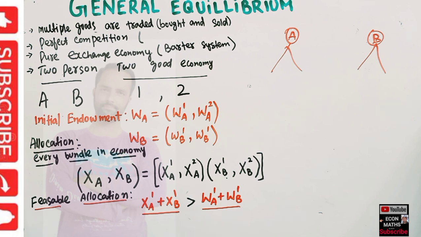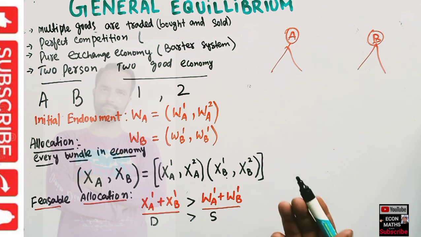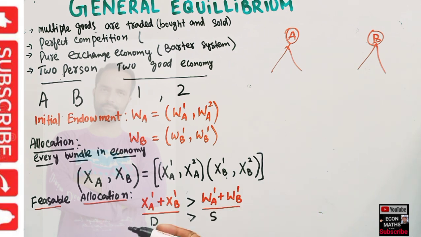If demand for good 1 is greater than supply of good 1, it is not possible because we have supply fixed. There is no production possible, so demand cannot be greater than supply.